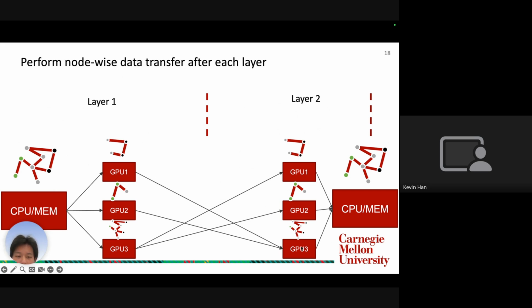If we consider GPU 3 down here, which owns these gray nodes, it also requires these black nodes as well as these green nodes right here. So we transfer this information to prepare for the second layer forward pass. We do the second layer forward pass, and then we can aggregate everything back onto CPU memory if the MD engine is running on CPU, and then perform an MD step.